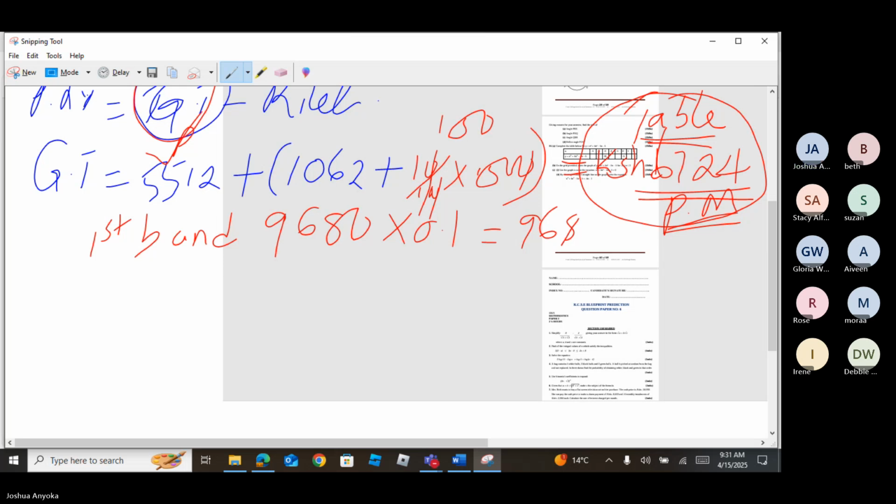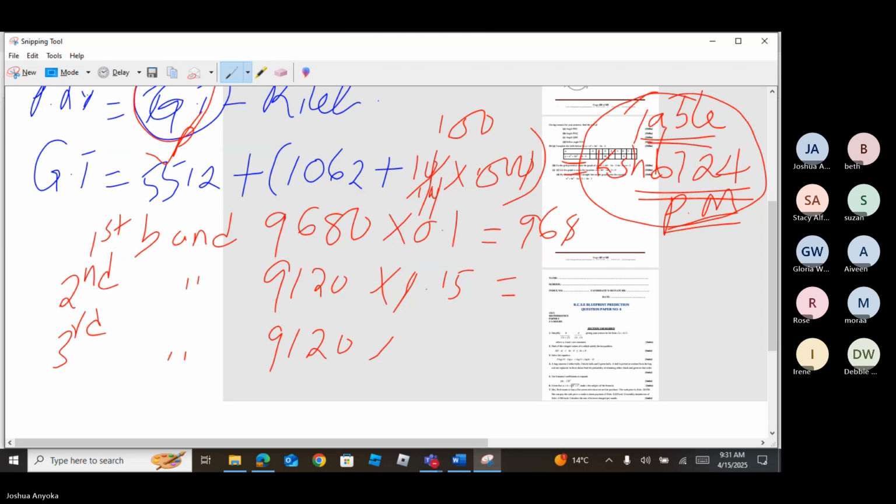Second band. What does it say? You subtract the highest of the previous band. 9,120 times 0.15 gives 1,368.